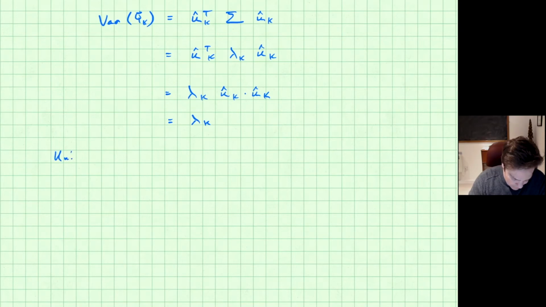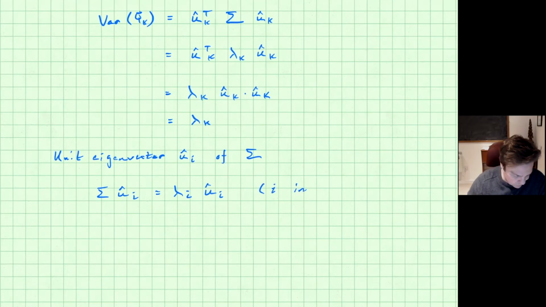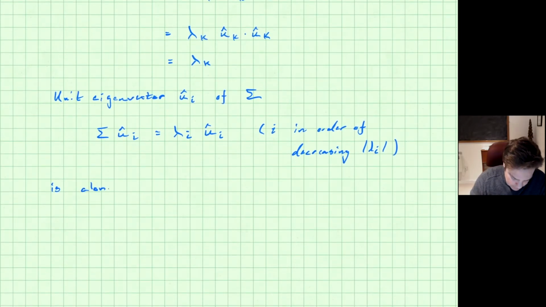So the unit eigenvectors u hat i of sigma, defined by this relationship, with i in order of decreasing lambda, point along the direction of the ith PC axis, principal component axis.